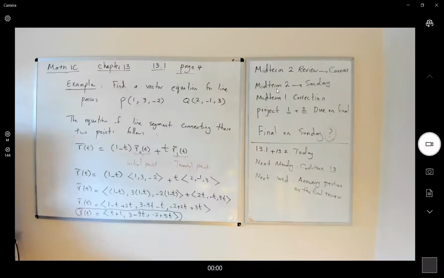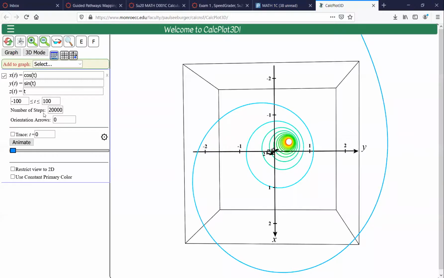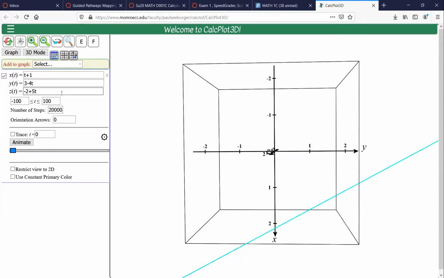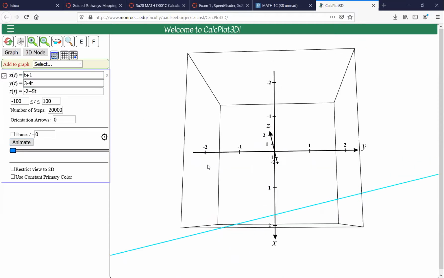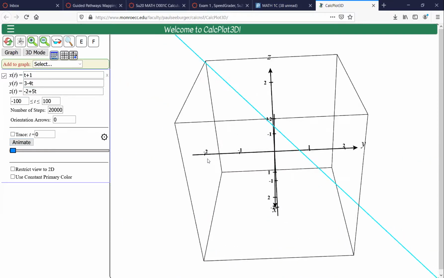Very well, let us graph this. The first component, t + 1. The second component, 3 - 4t. And the last component is -2 + 5t. Very well. Here's our graph.